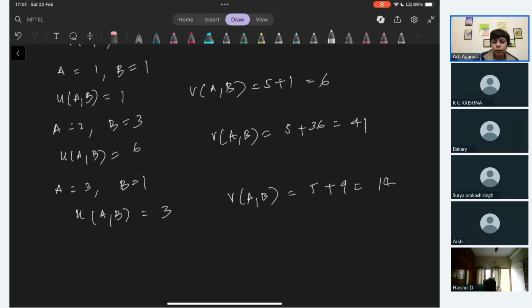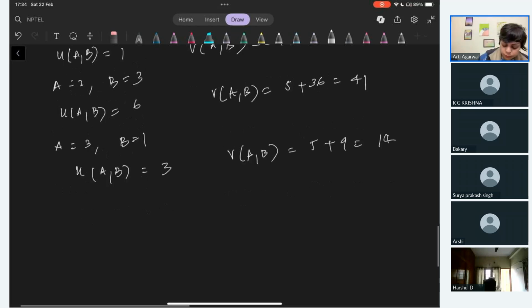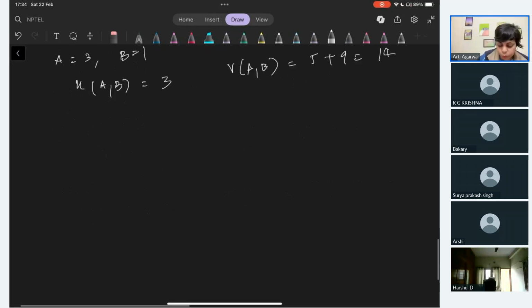So let me take a few more examples and you can tell me whether that is going to be a positive monotonic transformation or not. So let's say, suppose this is a bonus question, u(x, y) is equal to xy.